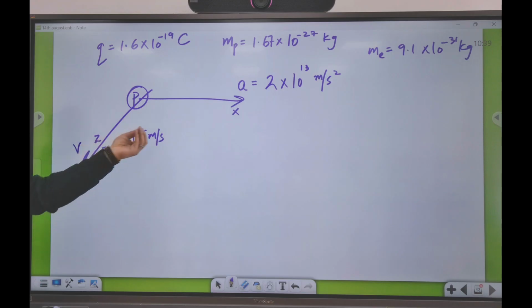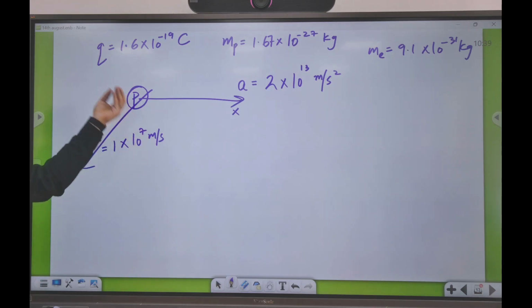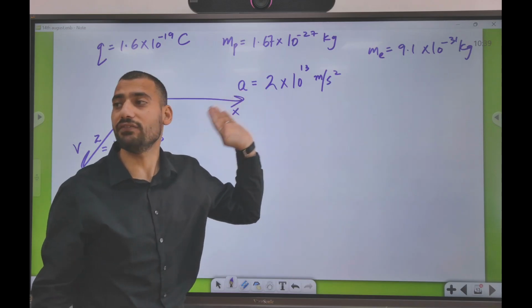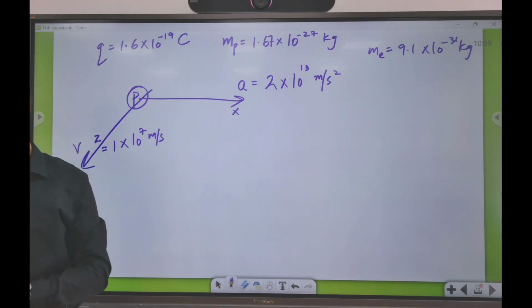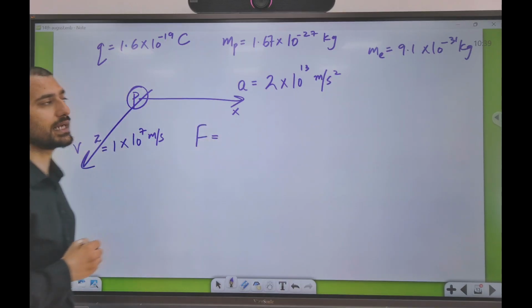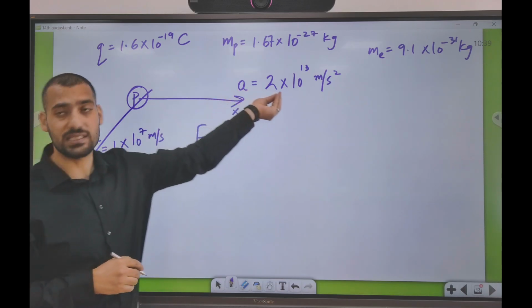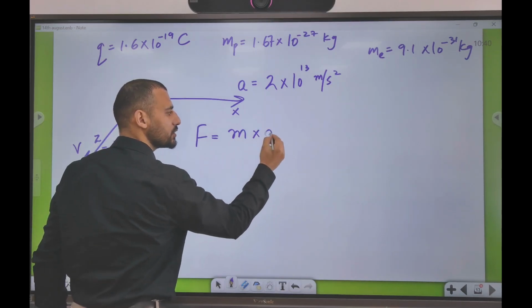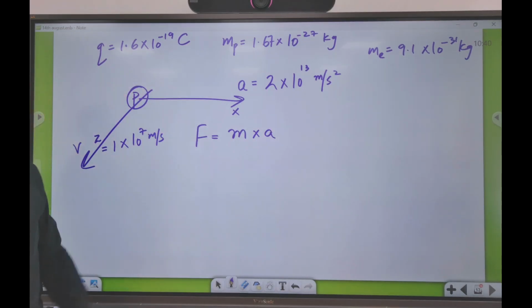Now we have to find the direction of the magnetic field. First of all, we need to understand, if the acceleration is given, can we find the force on this body? Yes. Let us evaluate the force. What is the force that this proton is experiencing? Because it has some acceleration now. So force, you know, is mass times the acceleration, right? So what is the mass?